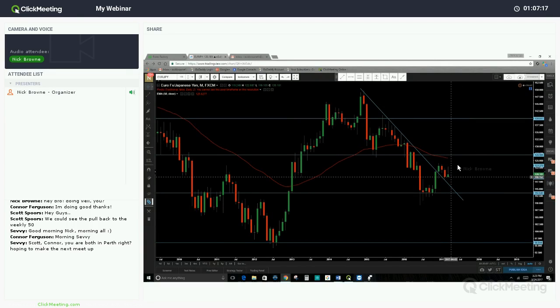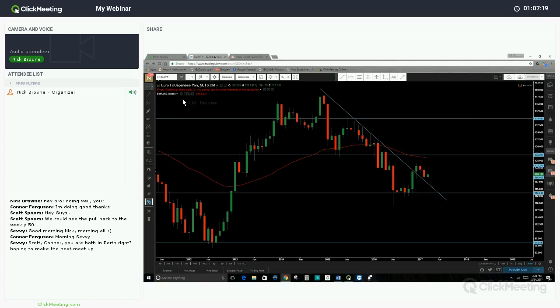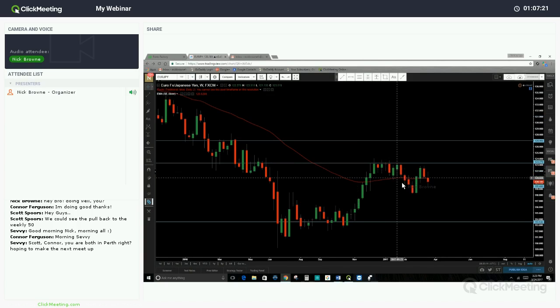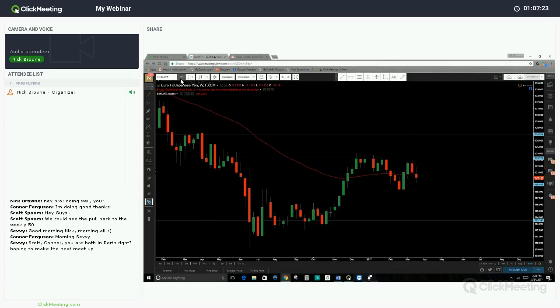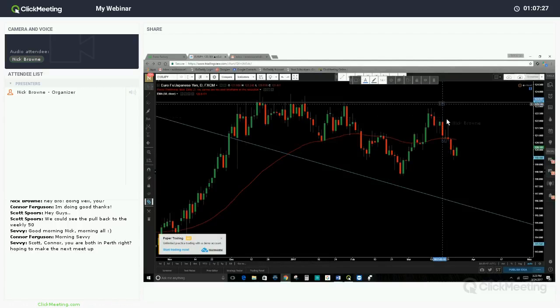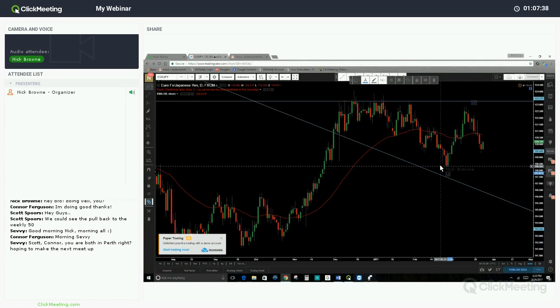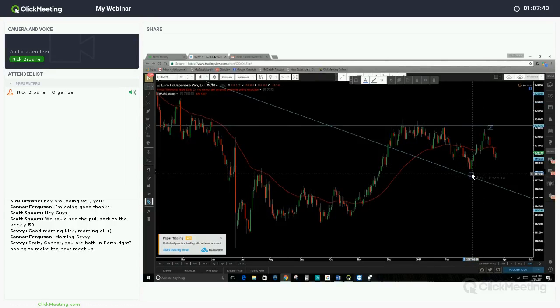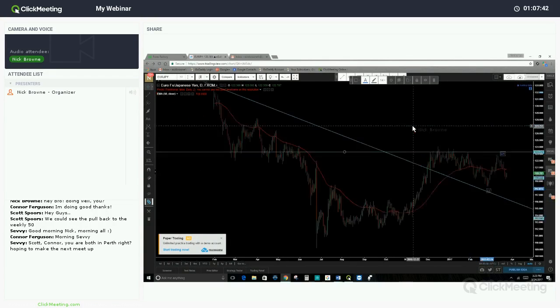So we got what appears to be a potential monthly hammer candle, but the weekly is sitting at the weekly 50. We did break down. We got this lower high here. But now it looks like we're forming an inverse head and shoulder pattern almost. So this could be the higher low after this run up.